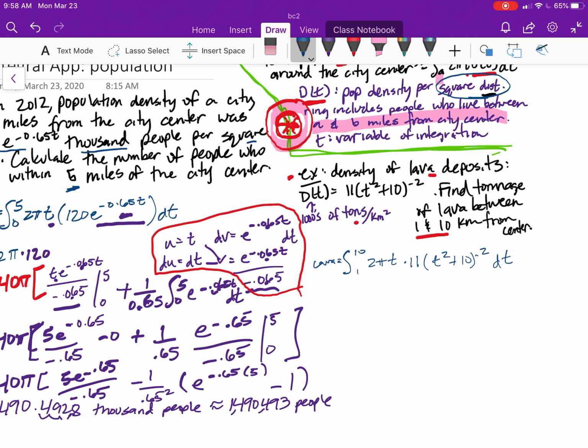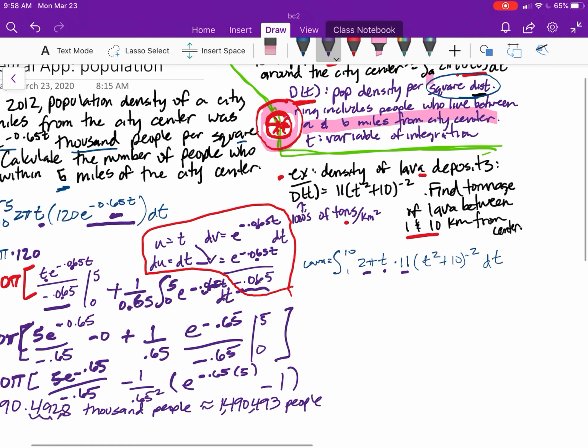So now let's take out all these constants. 2 pi and 11, we can take that out. Actually, before we even take the 2, I notice here I do have this t, but we always want to try u substitution first. If I let u be that ugly stuff, t squared plus 10, then du is 2t dt.